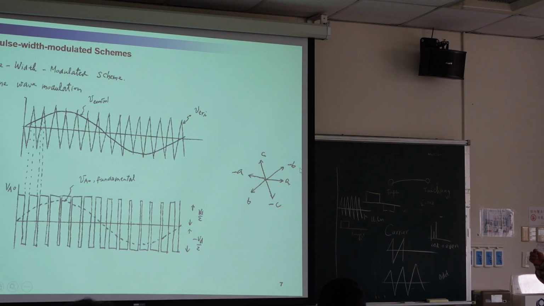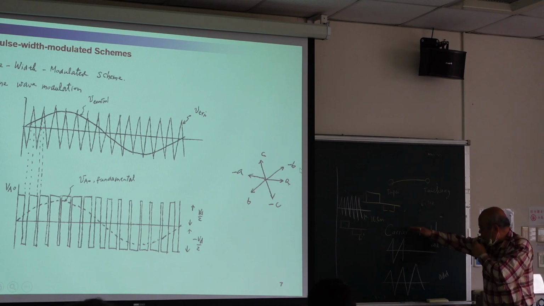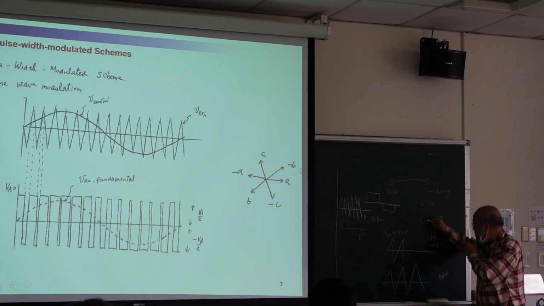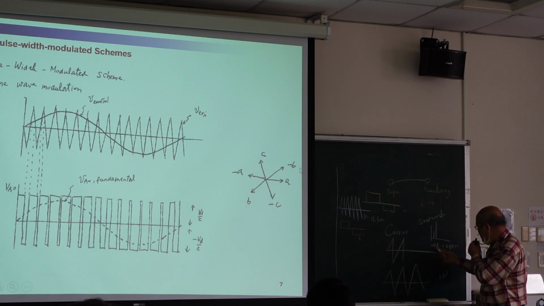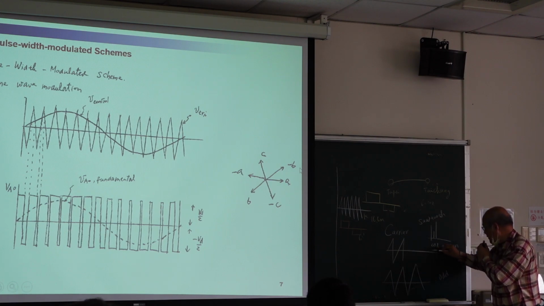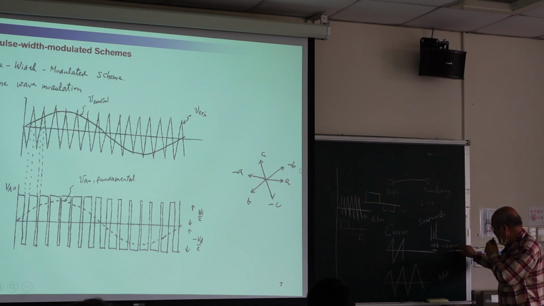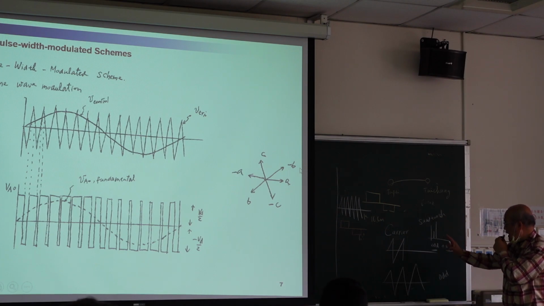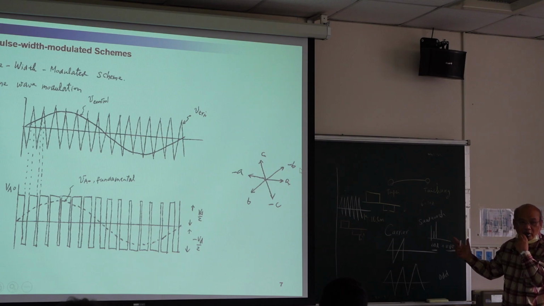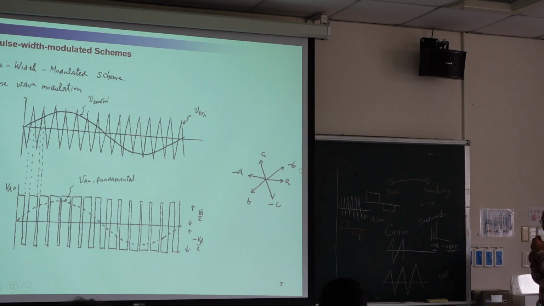In general, we use triangular as a carrier. We do not use sawtooth. This is sawtooth. This is not good because it creates odd harmonics and even harmonics, so the harmonics become double. This is the reason people always choose triangular.